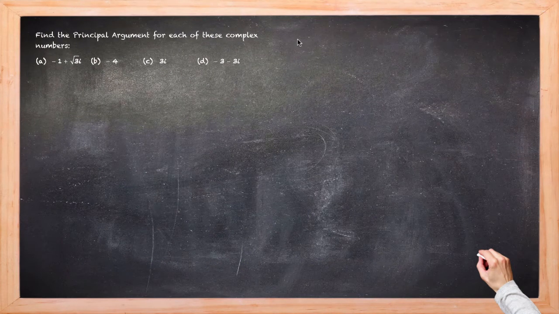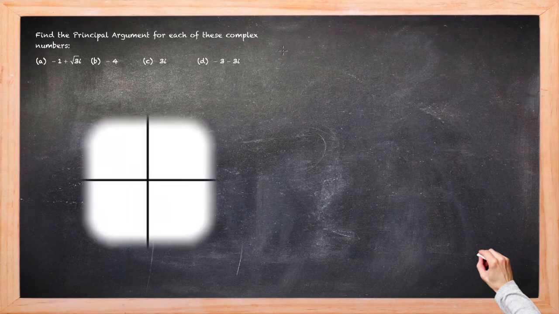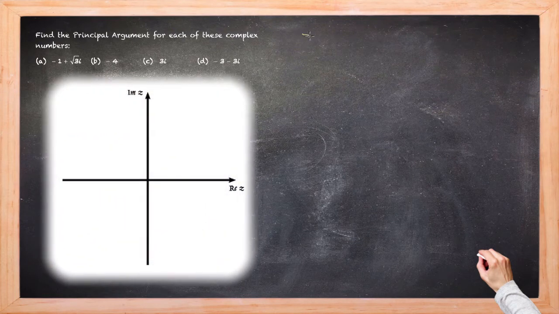So part A. And here we're looking at the complex number z equals -1 plus root 3i. And we'll attempt to find that first of all on the diagram. So real part -1, imaginary part root 3. And it's in the second quadrant.